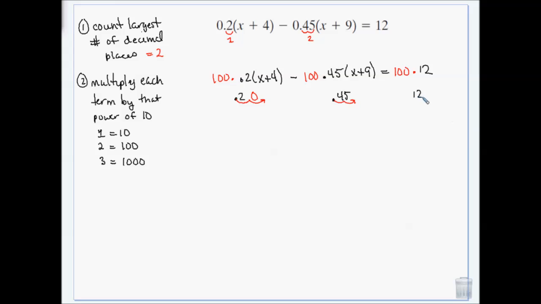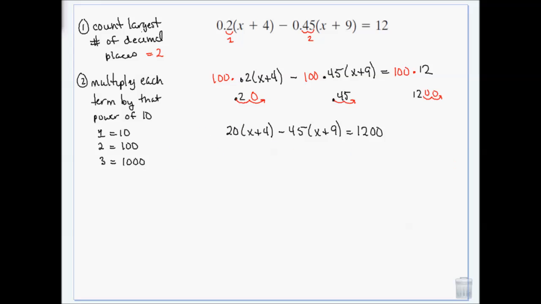And this 12 times 100 is going to move my decimal 2 places, so it's going to become 1200. So this is now 20 times x plus 4 minus 45 times x plus 9 is equal to 1200. So now you're dealing with some rather large numbers, but no decimals. So it's a preference.